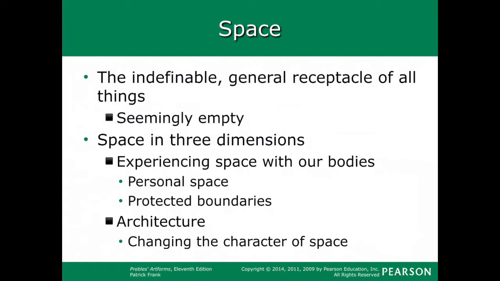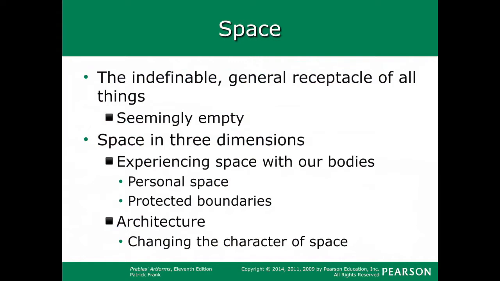And now we're going to talk about another visual element, space. Space is this indefinable general receptacle of all things. Space is seemingly empty. When we look at works of art, especially in sculptures, works in three dimensions, we are actually experiencing the work with our bodies.